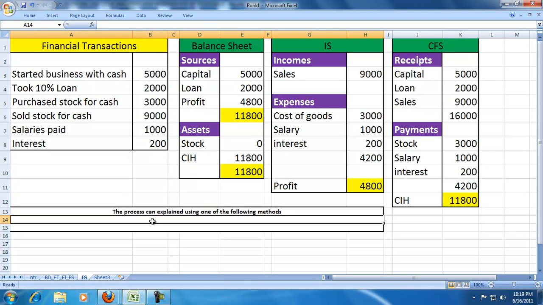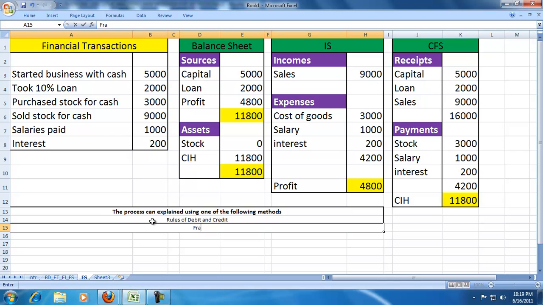This process can be explained through the rules of debit and credit, or the framework of the accounting equation.